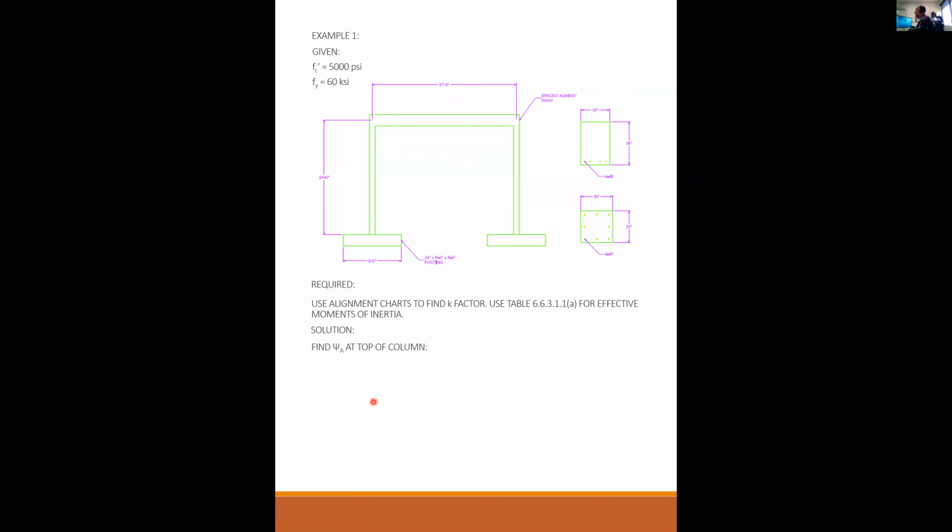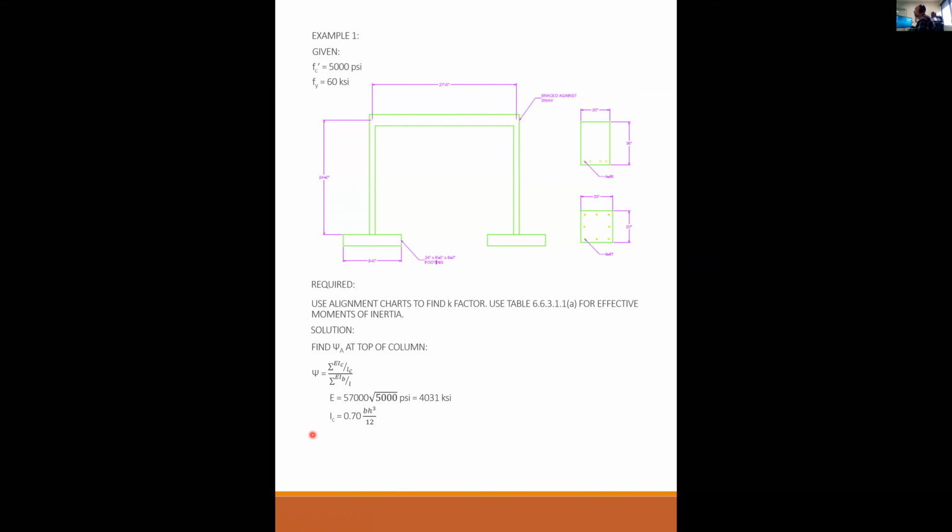Okay, so we can find psi at the top of the column. We find the sum of all the columns coming into the top of the column over the sum of all the beams coming into the top of the column. Well, this is the top of column joint. I only have one column and I only have one beam going into that joint. So the modulus is 57,000 times the square root of 5,000 psi, which is 4,031 ksi.